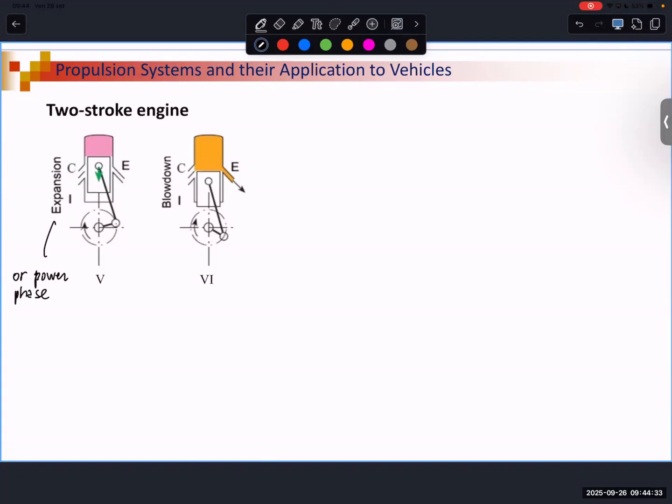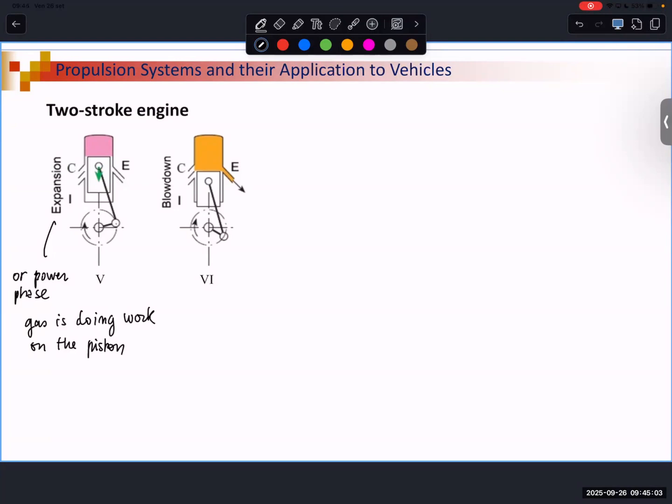The piston is going down, the pressure is pushing down the piston, so gas is doing work on the piston. This is why we are building the engine, to obtain work and power.